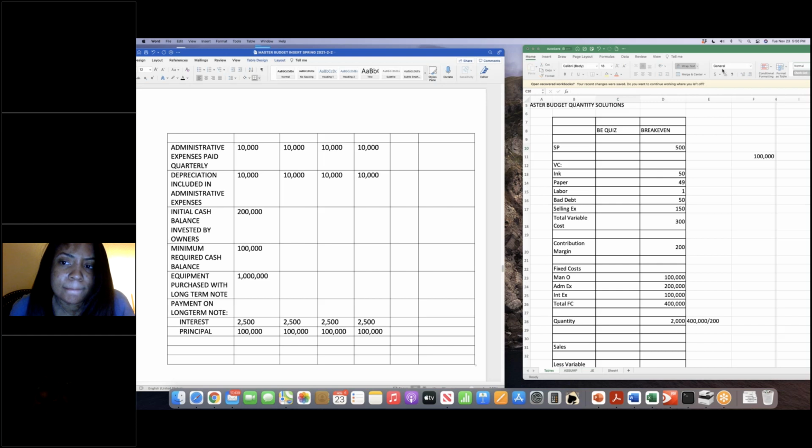Okay, so we have administrative is 40,000, depreciation 40,000, the initial balance 200,000, minimum required balance, so that's what our ending balance needs to be, 100,000. Equipment 1 million. Do we need to do all of that?